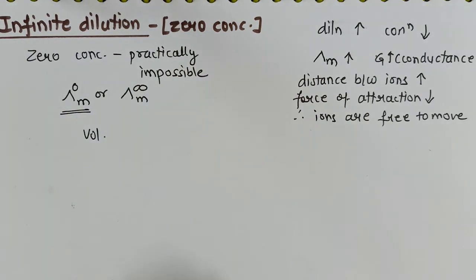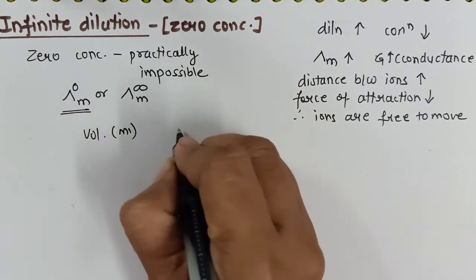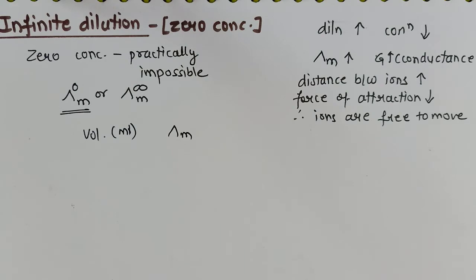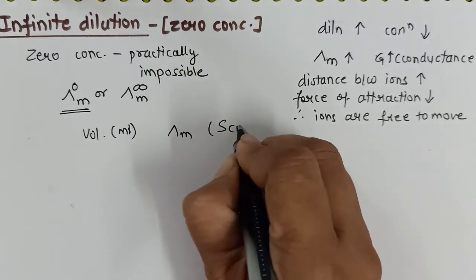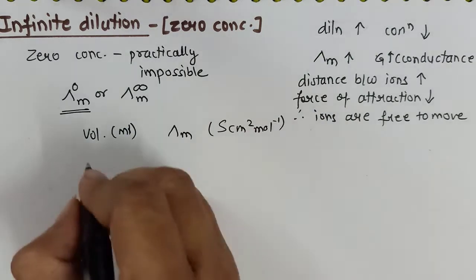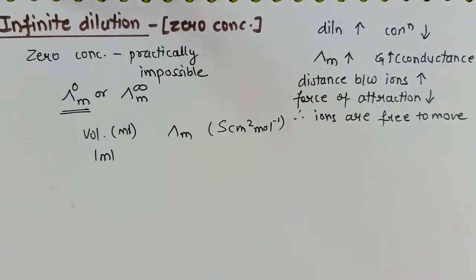Volume, which is let's say in milliliter, and molar conductivity lambda m or cap lambda m, in Siemens centimeter square mole inverse. Now let us say I have 1 ml electrolyte, or I have added 1 ml solvent to the electrolyte. At that time lambda m is 0.2 Siemens centimeter square mole inverse.